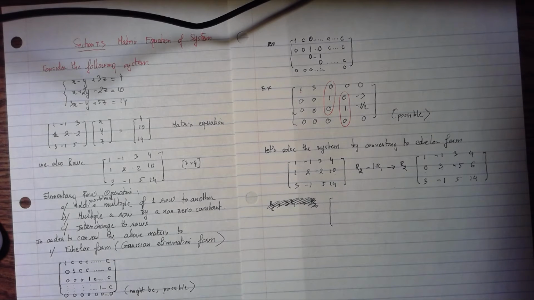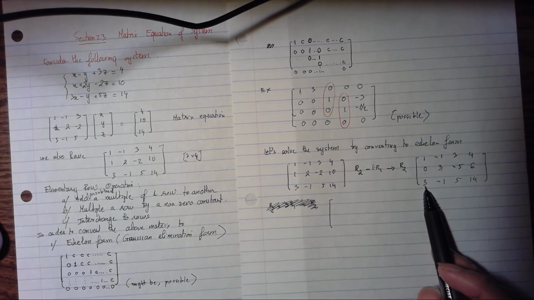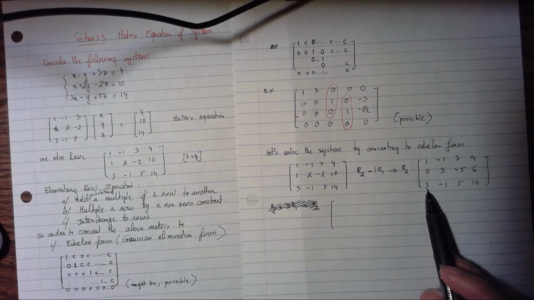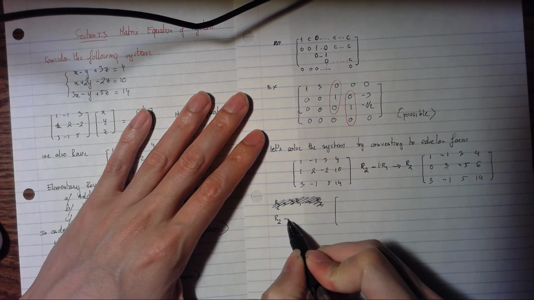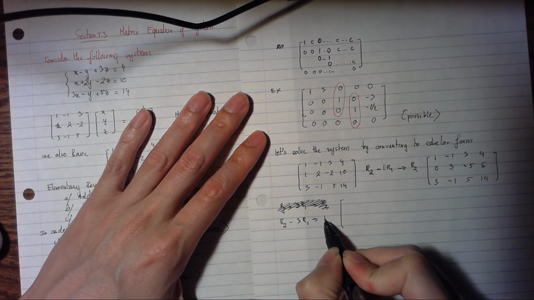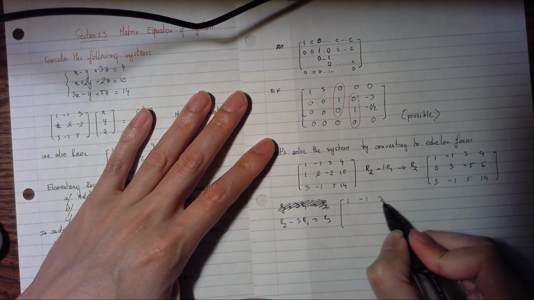So let's convert this to 0 first, because anyway you're gonna convert this to 0 sooner or later. So I'm gonna do row 3 minus 3 row 1 will be the new row 3. So I'm gonna change row 3. Row 1 and row 2 I keep.